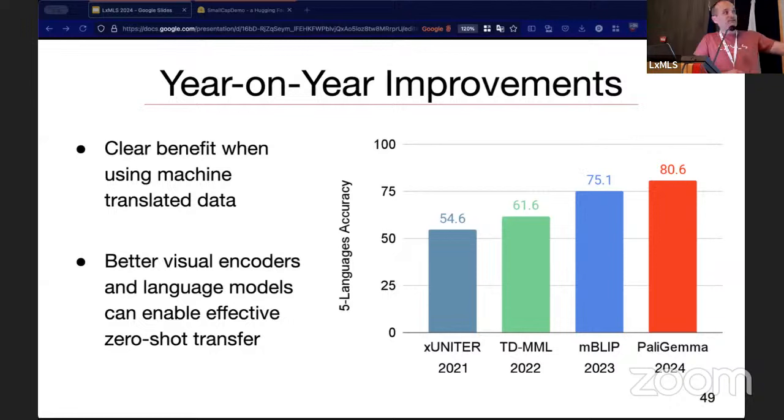And now at 2024 with PaliGemma, with all the data that Gemma is trained on and billions of data points used to estimate the multimodal model, we can get zero-shot performance of 80%, but we still aren't anywhere near the human-level performance on this data. So I think that there's still some work to be done here.